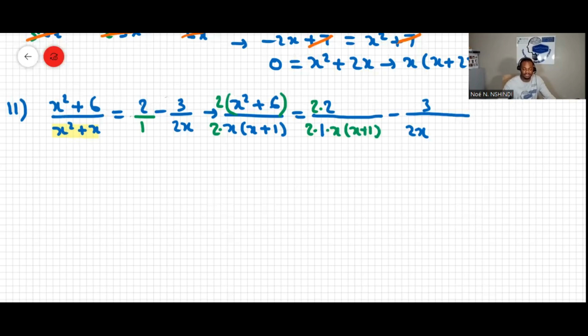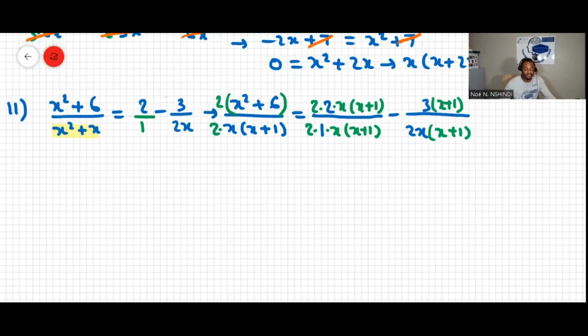There also the same thing: I'll times by x and then x plus 1. Over there, I already have 2 and x, so I can just times by x plus 1. That's what I'm going to do at the numerator also, to keep the fraction the same.